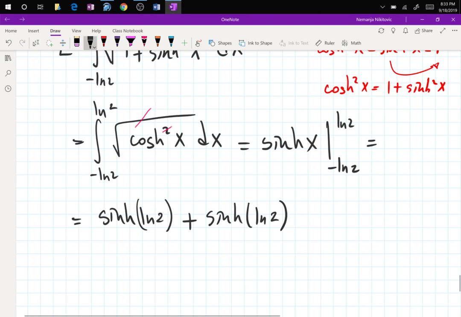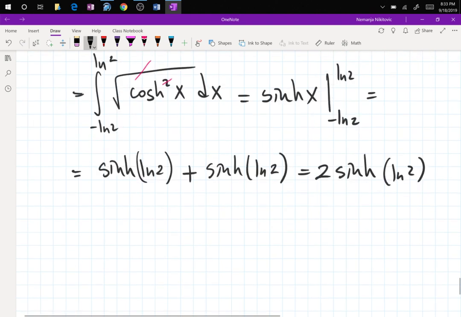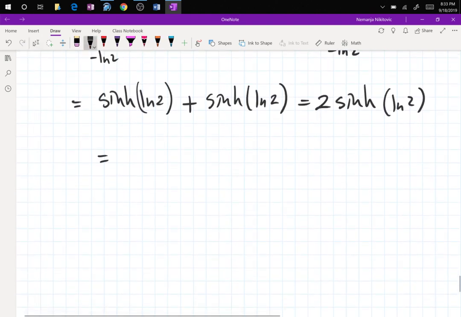Sine hyperbolic is an odd function, which means that the negative of ln escapes in front and adds to the subtraction from the integral solution, right? And we get 2 sine hyperbolic of ln2. Now we all know that sine hyperbolic is e to the ln2 minus e to the minus ln2 over 2.